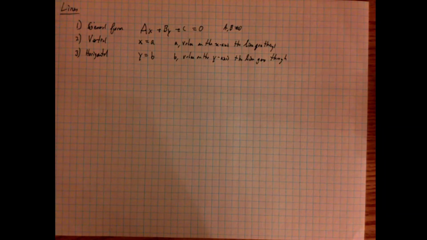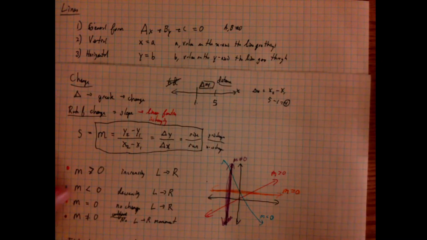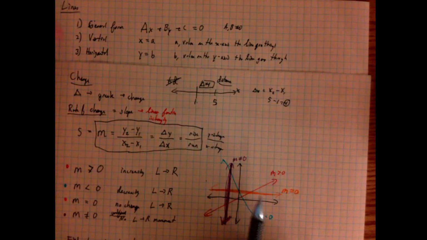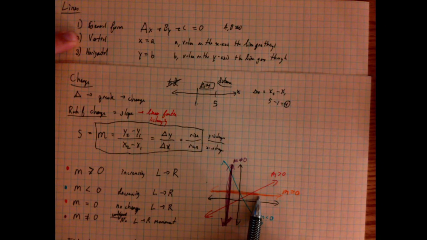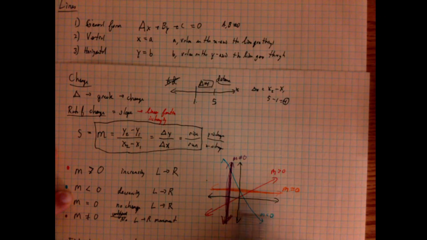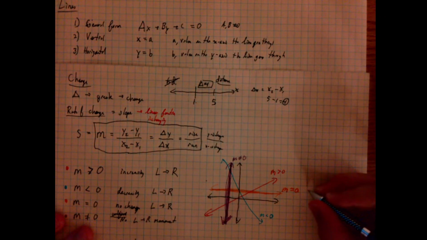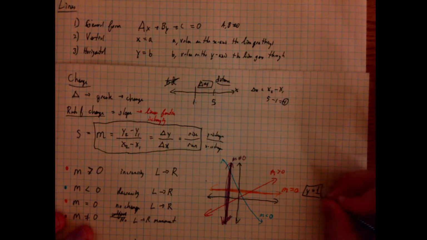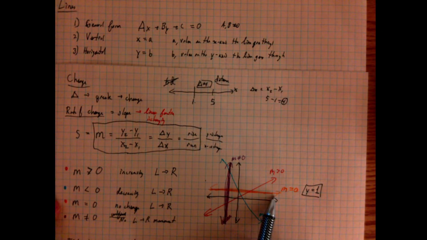So we look over here, this orange line was considered to be horizontal because it's going just left to right. So vertical lines, by definition, have undefined slopes. Horizontal lines, by definition, have slopes of 0. So let's talk about this orange line. We would say this orange line has an equation of y equals 1 because it is a horizontal line.